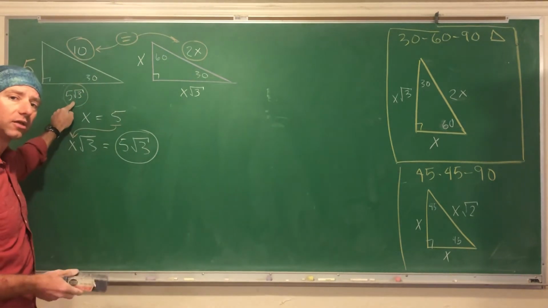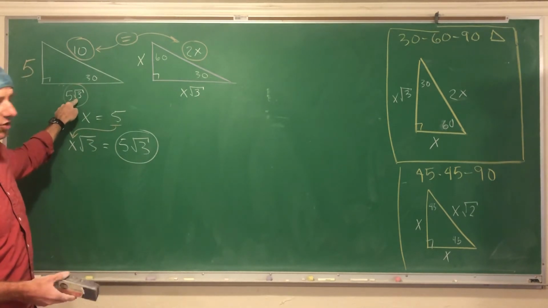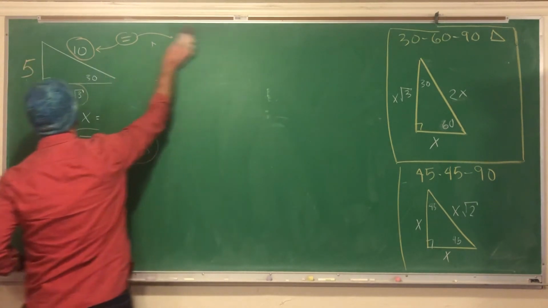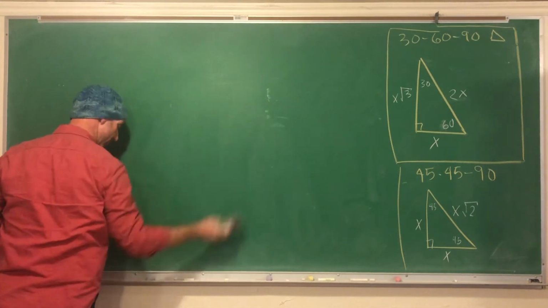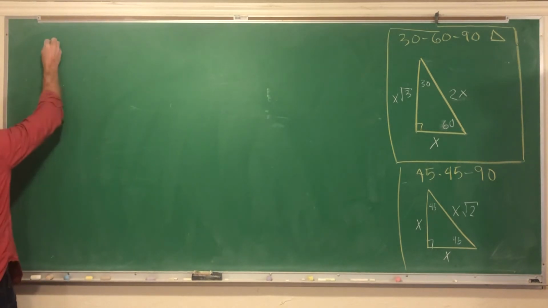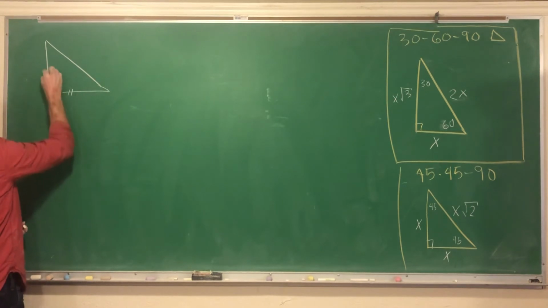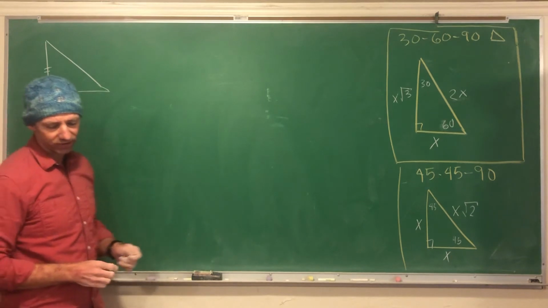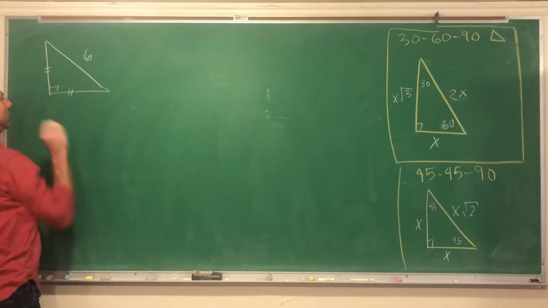Let's mix it up a little bit. What if I give you instead one of these lengths with a square root in it? So let's do a 45-45-90 that way. And how about we call this long length over here 6.